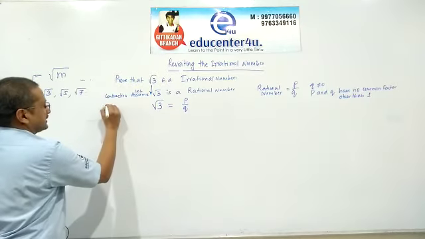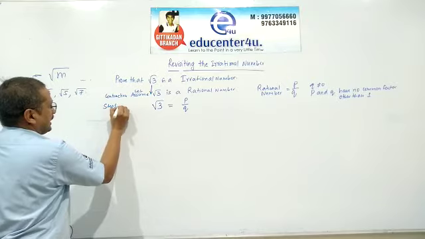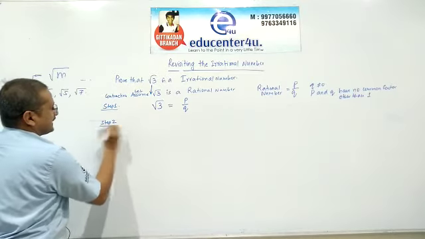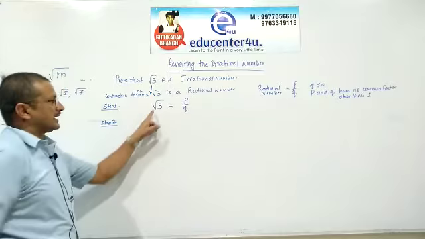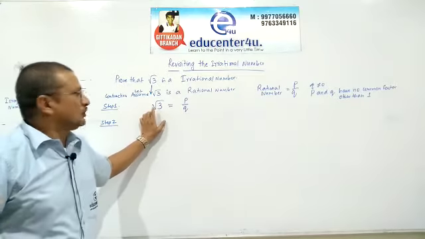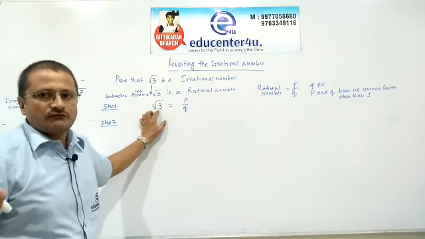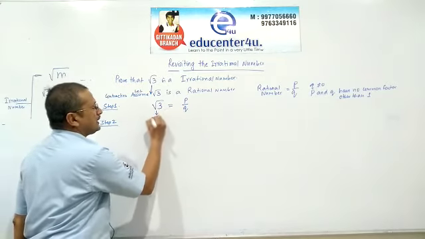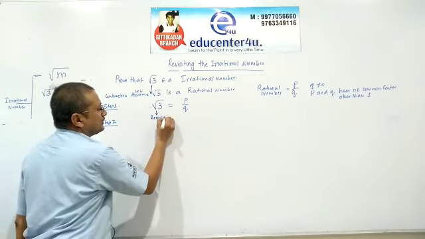So this is step number 1. We have to assume that. Step number 2: here the root is there, and we have to remove that root. So we have to square both sides.